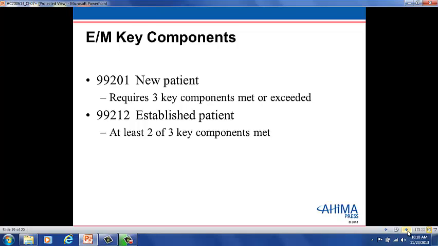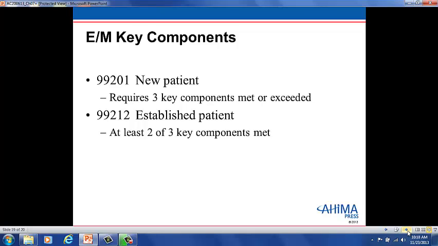The E&M key components for a new patient require 3 key components meet or exceed. So if you have 3 key components and only one meets or exceeds, drop down to the lower level of service to see if those components meet or exceed there. Oftentimes, you'll have 2 of the 3, and therefore you would have to drop down to a lower level, which would meet or exceed the 3 key components.